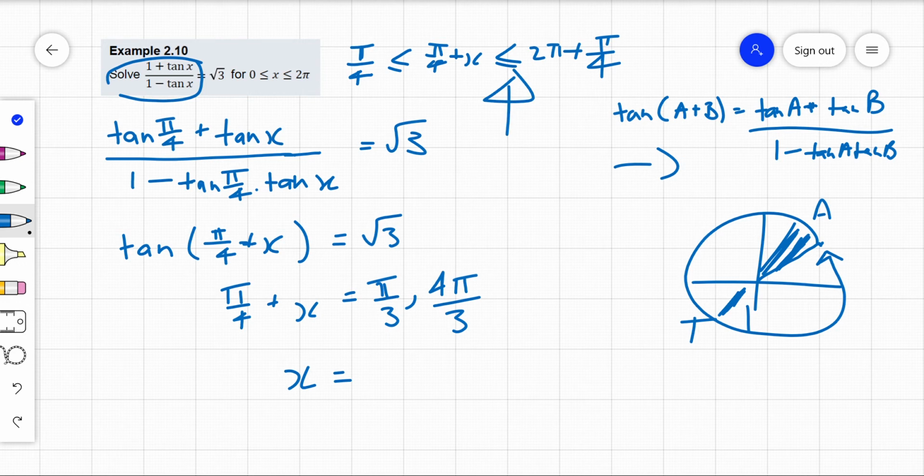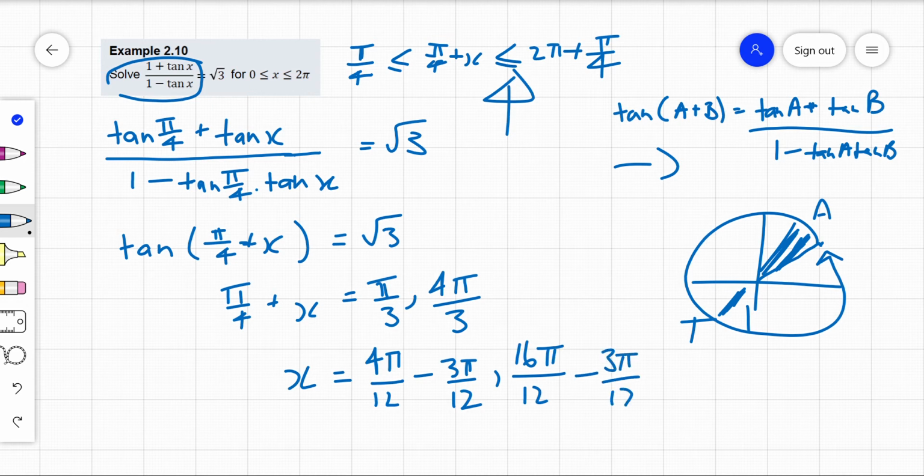Now subtracting pi on 4, so again, if you would like, we can put everything in 12s if you're not using a calculator. So to make this on 12, originally this would be 4 pi on 12, and we're taking away 3 pi on 12, and the other one on 12, we're timesing by 4, so we've got 16 pi on 12 minus 3 pi on 12.